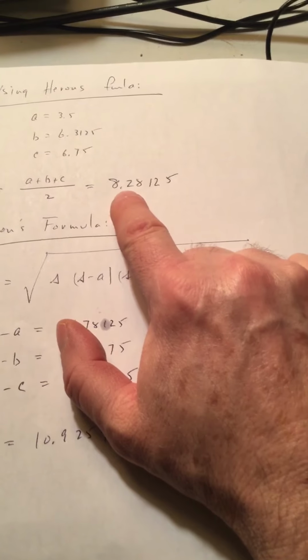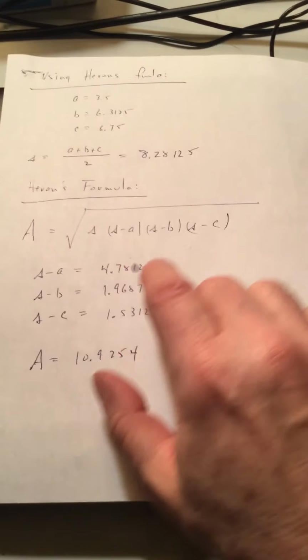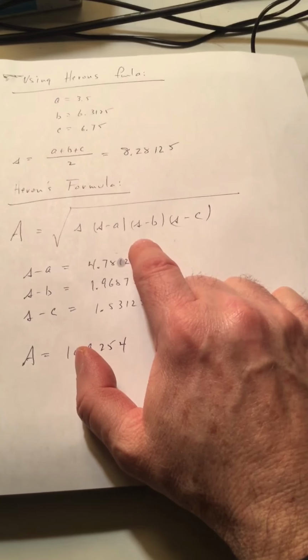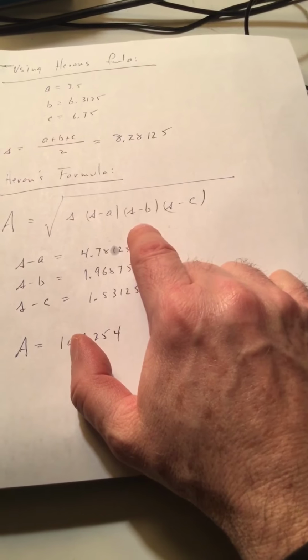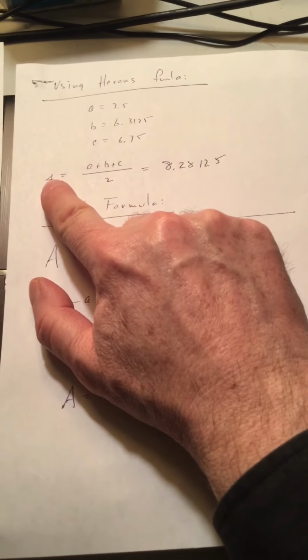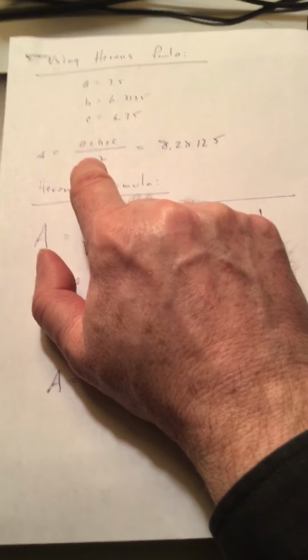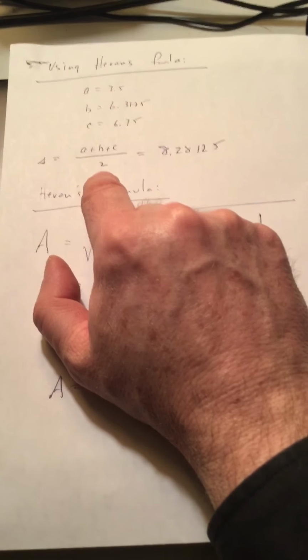When I add them together and divide by 2, I get 8.28125. Now here is the interesting formula called Heron's formula that's used to calculate the area of a triangle. Now I'm calling this number S for semi-perimeter.